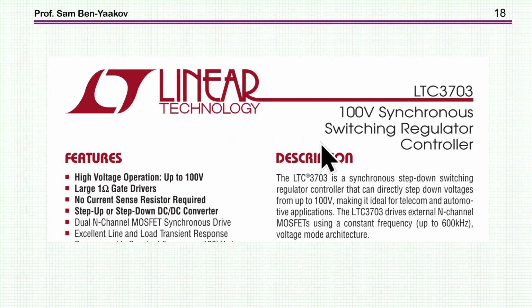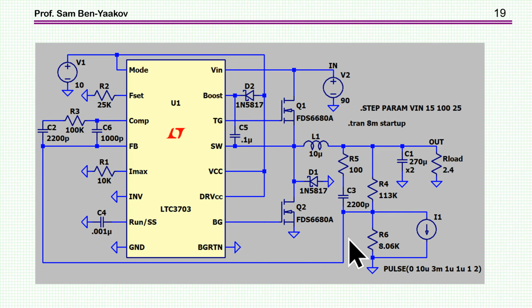So now let's have a look at a commercial unit, and this is the LTC3703. It is a voltage mode architecture. That is what we are talking about, the voltage mode converter. So here is a test circuit of this controller, suggested by Analog Devices.